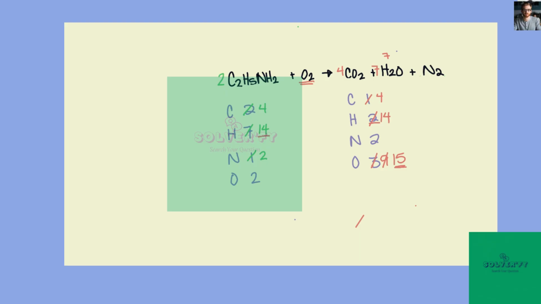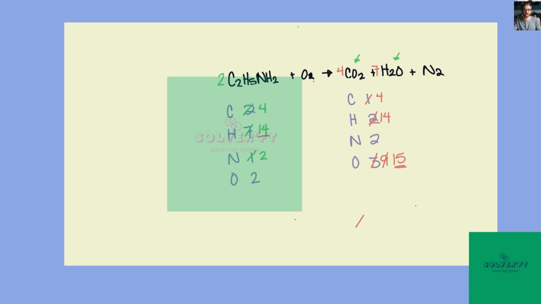And it's almost always oxygen that causes it to happen. When you have an even number on one side and an odd number on the other, and it's not really easy to fix. The nitrogen situation was easy to fix. We could just put a 2 in front. But if we try to make the right-hand side even as it is right now, we don't know which one to change. And no matter what we change, it's going to mess up the balancing of everything else because we already did everything else.